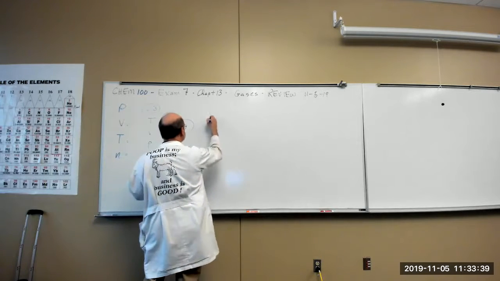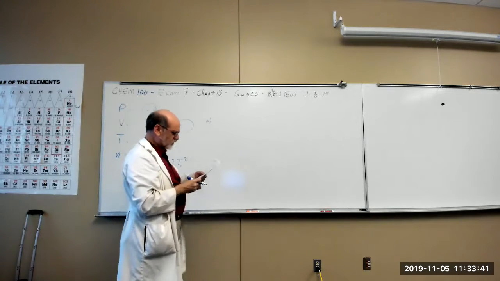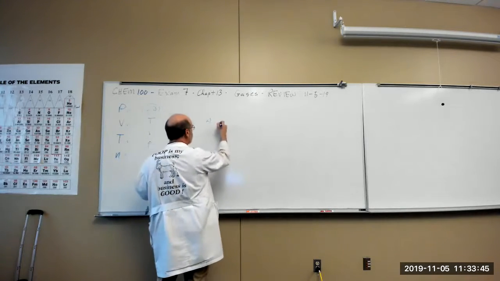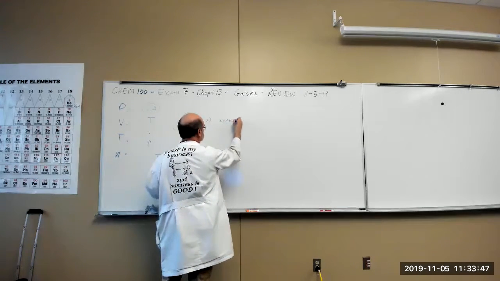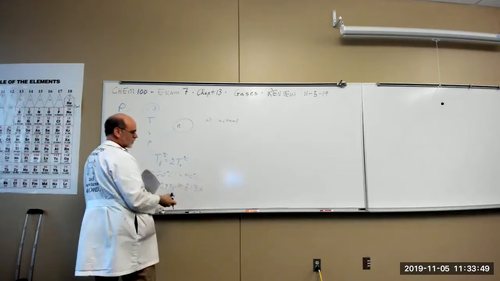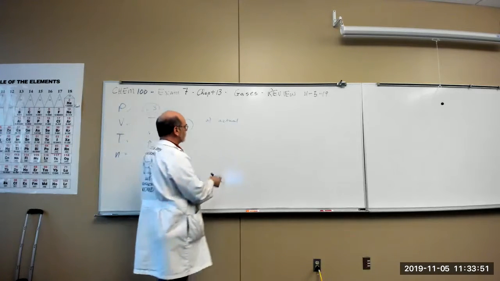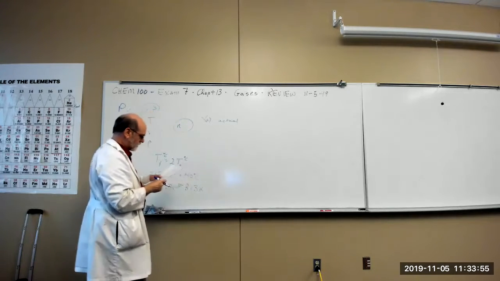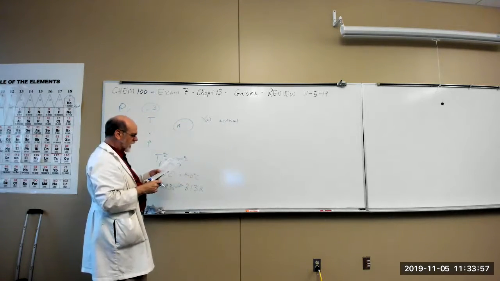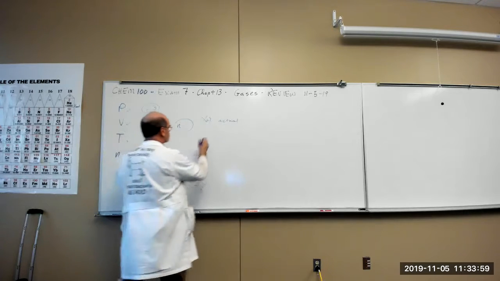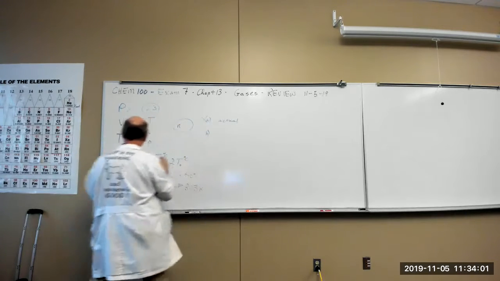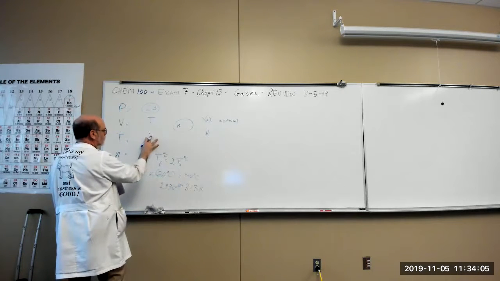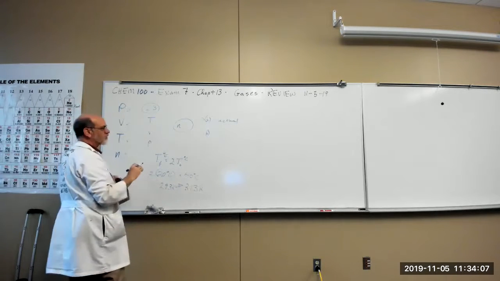So A says the actual temperatures are needed to answer the question. Do you need the actual temperatures? Well, we used an actual temperature, but you don't need it. You don't need the actual temperatures to answer this question. B, the volume of the balloon will slightly increase. Is that true? If you increase the temperature and the pressure stays constant, then the volume should increase, right?